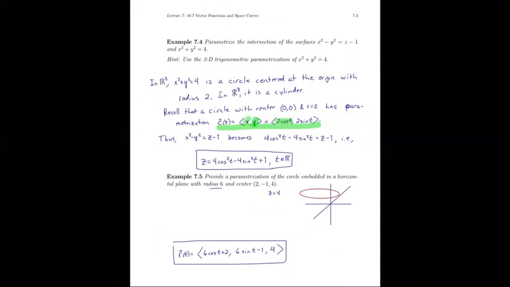X and y are 2 cosine t, 2 sine of t respectively. So we take our other equation and just substitute our x and y values into this. Now we can solve for z in terms of t, and we end up with this expression right here. So z is equal to 4 cosine squared t minus 4 sine squared t plus 1.